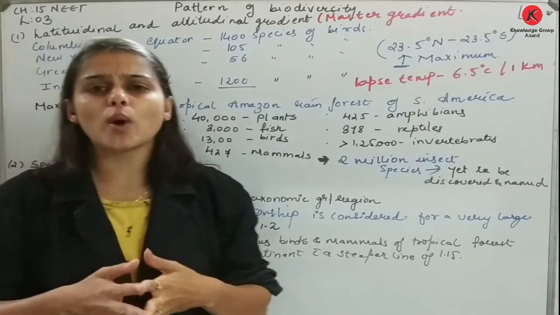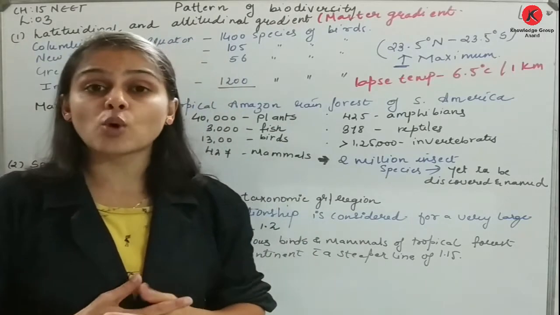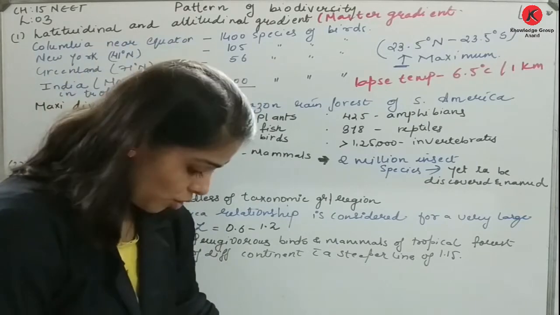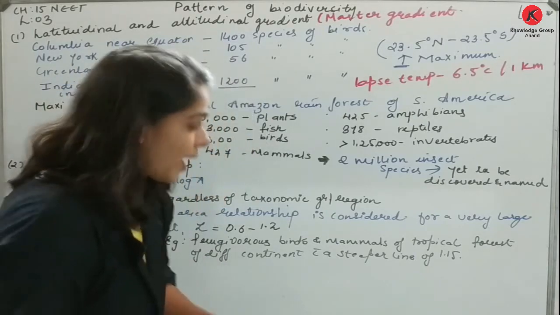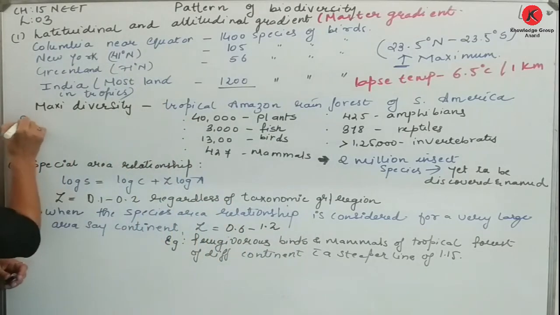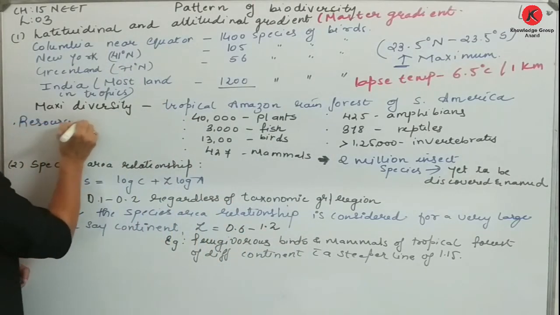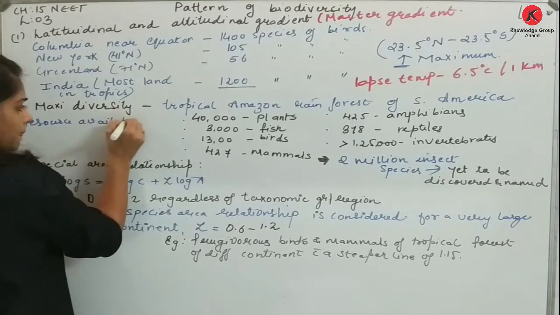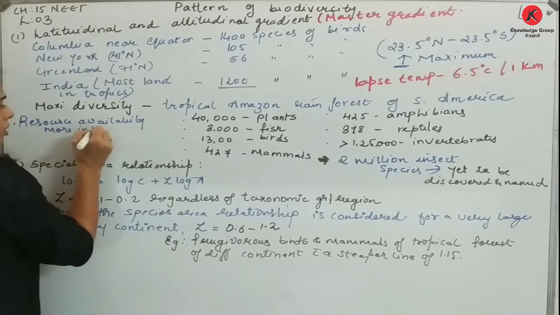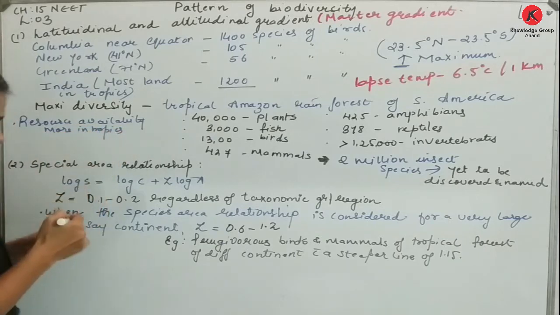One more if I want to add, then resources are more in tropics in comparison to your temperate. So next point, if you people want to add, you can add over here. Here I am writing, resource availability is more in tropics. Am I clear?